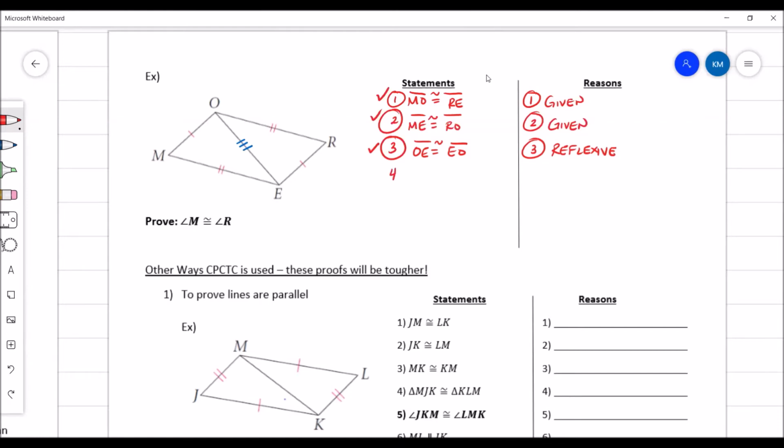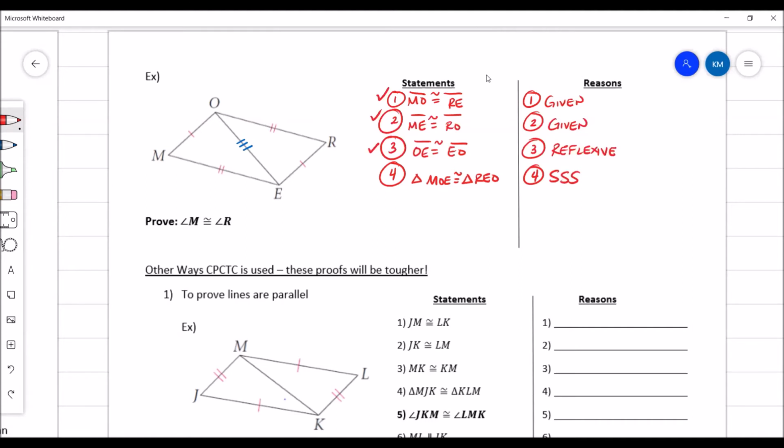And so we can say that triangle MOE, corresponding order 1 to 3, is congruent to triangle REO. Okay. And that's by side, side, side.